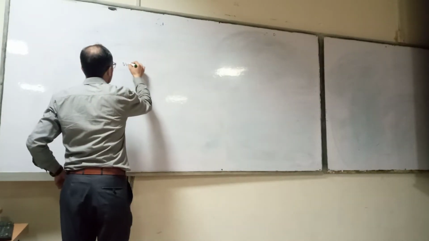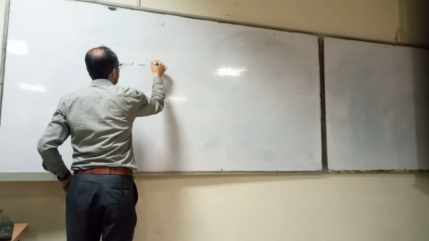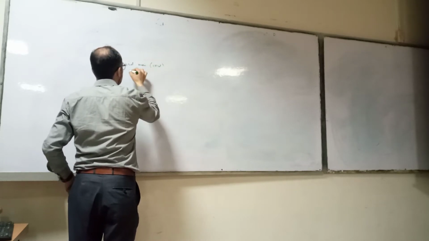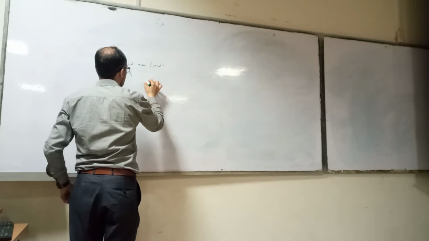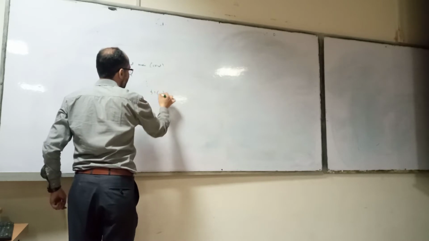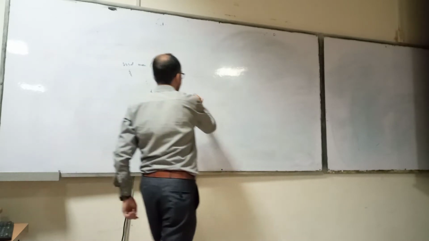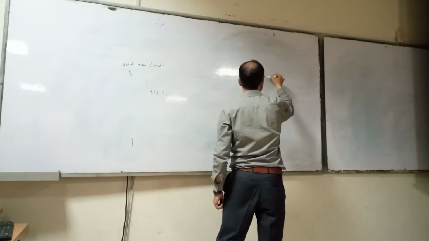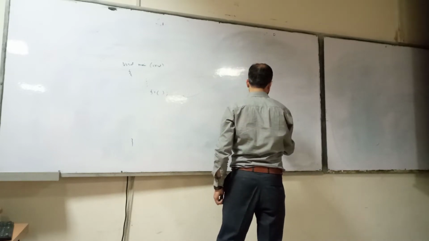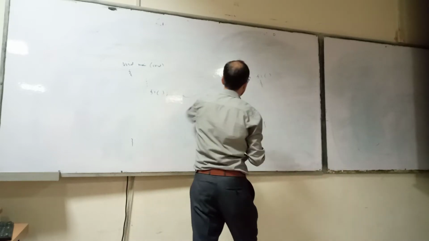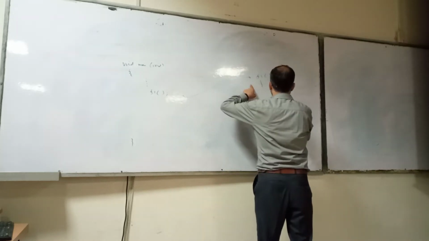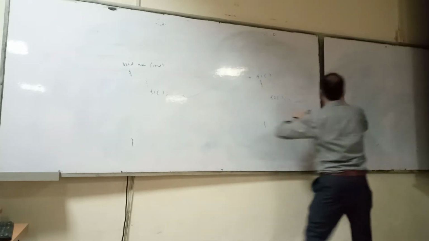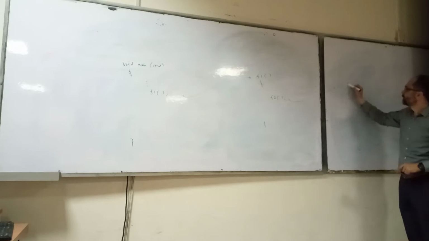Now let's assume you are writing a C++ program, so you have void main, and in your C program there is some code. You call function f1. Then if you again call function f2, then f2 is called.